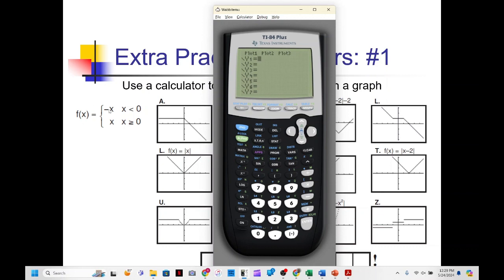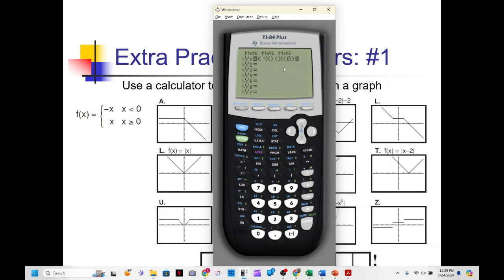So for example, I would write parentheses negative x, close parentheses, and then another parentheses, and x, and I need to get less than. To get all these inequality operators, I have to go to second math, and that's going to give me my test operators here. So that's going to be less than, that's going to be option 5, so you can just press 5 for that. So less than 0, close parentheses.